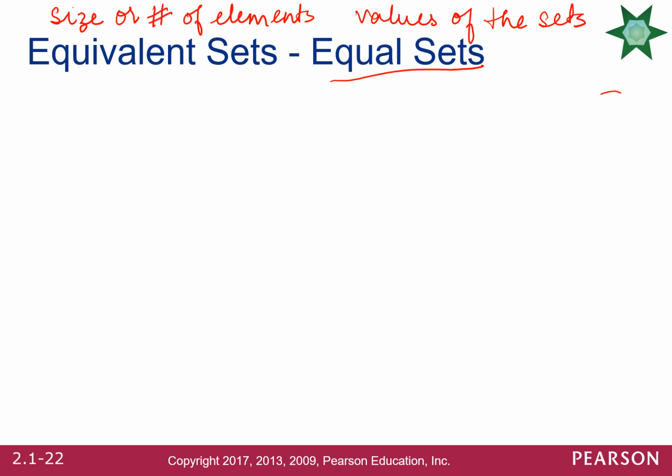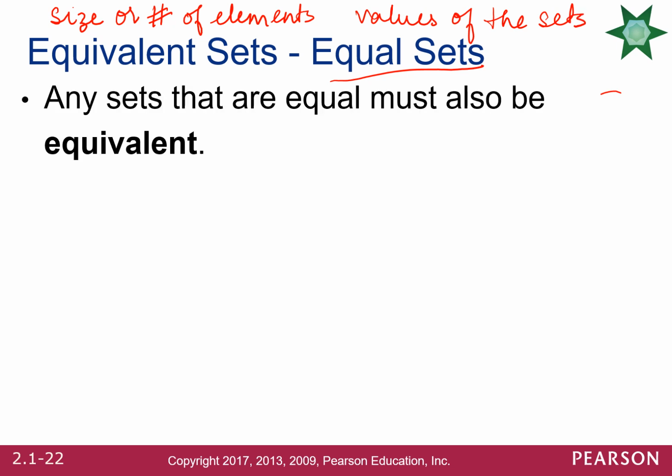Okay, so let's look at what this says. Any sets that are equal must also be equivalent. So equal sets not only have to have the same size, but they also have to have the exact same values, right?